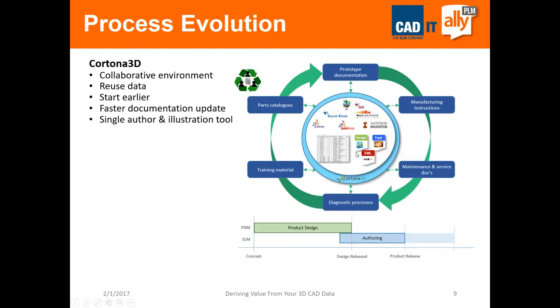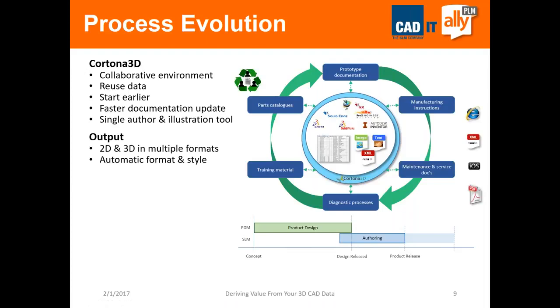So, if you're using supplier parts, you may not have the 3D models, so we need to be able to bring in the text and images that you get from your suppliers into documentation. It has modules that let you create all kinds of different documentation, whether it's a spare parts catalog, internal training materials, manufacturing instructions, service work instructions, all in an environment where you can start using the 3D CAD data and other data that you have earlier in the process.